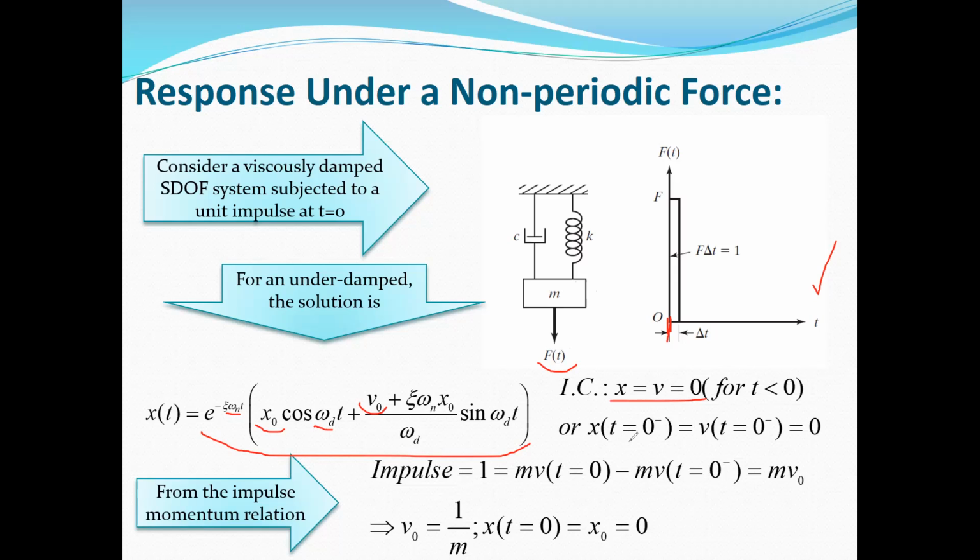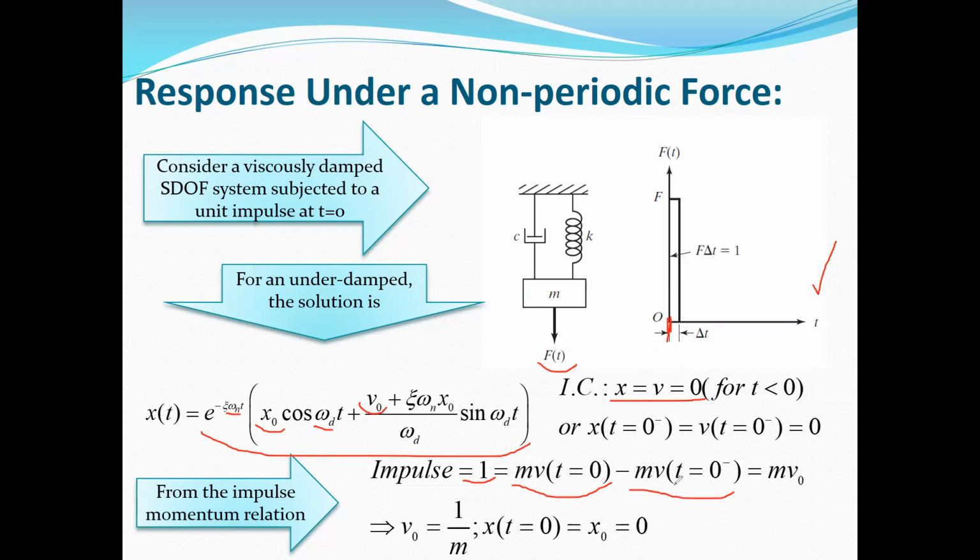But for t after this impact, we will have the impulse, and if we assume that the amplitude of the impulse is equal to 1, from the conservation of momentum, we can write the conservation of momentum equation. We conclude that the momentum after the impact, m times the velocity after the impact, minus m times the velocity before the impact at t equal to 0, must be equal to 1.